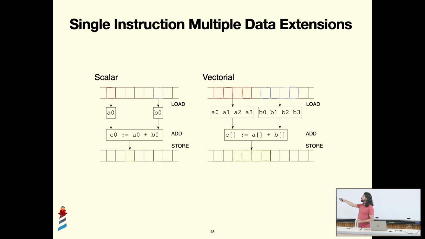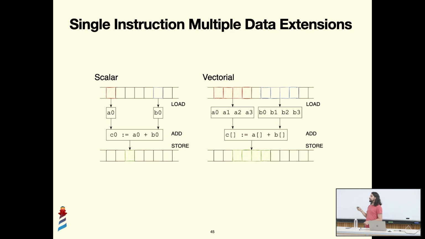We make the difference between scalar and vectorial instructions. A scalar instruction will do the addition between two numbers, while the vectorial instruction will take a bulk of numbers, and then it will do each of them plus, plus, plus, plus in a single cycle. Yeah? So this has several usages, mainly for numerical computations and stuff like that.